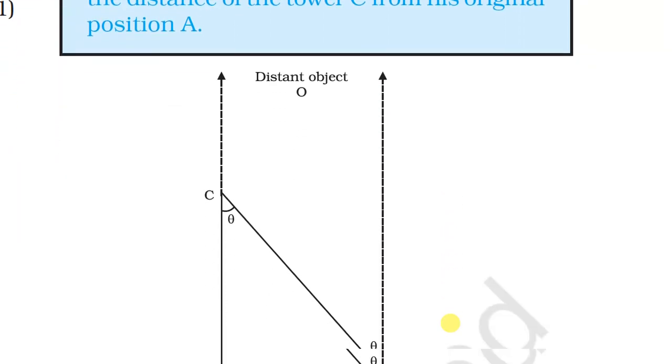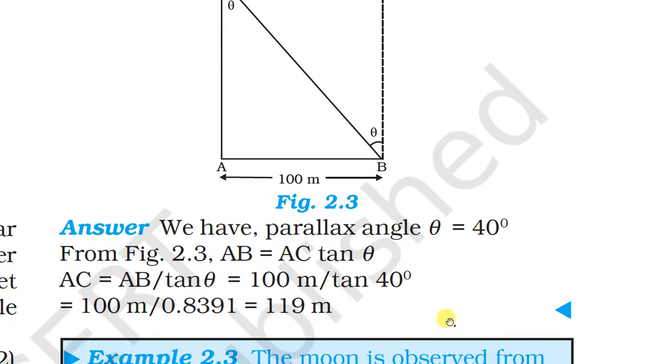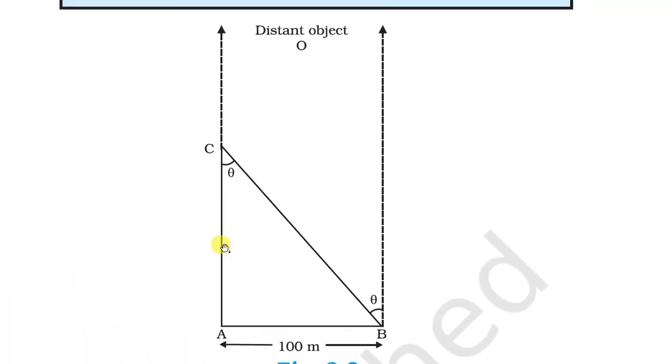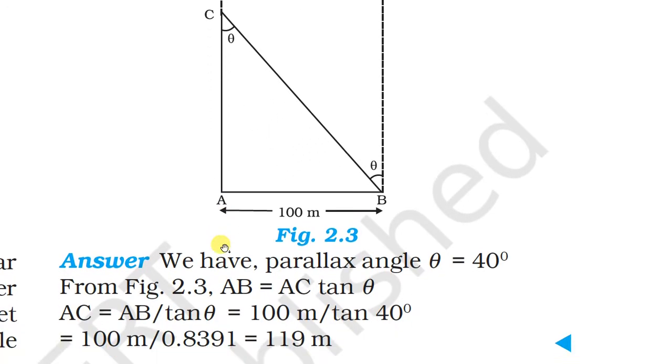In the parallax method, we have a baseline of 100 meters and a parallax angle theta equal to 40 degrees. From figure 2.3, AB is equal to AC tan theta.